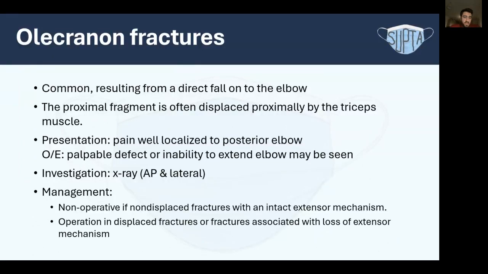Investigation is again X-ray, AP and lateral. Management is non-operative if there's no displacement and the extensor mechanism is intact. If there's some displacement or you think there's a loss of extensor function, then you might have to operate.